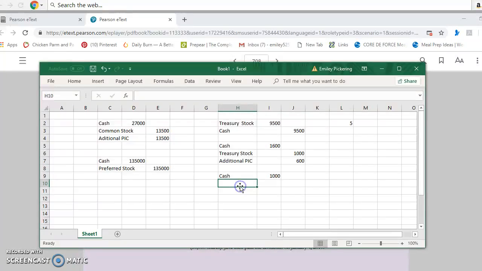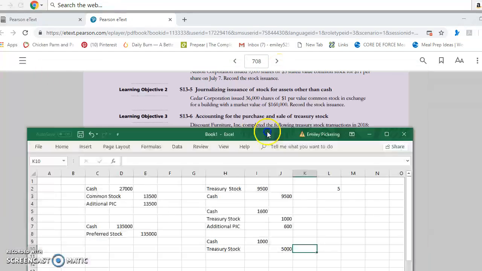So my treasury stock is going to be $5 times the 1,000. So first of all, we sold this stock for less than we bought it for, which is a problem. We bought it for $5 a share. We're turning around and selling it for $1 a share. So we must really, really need the cash.